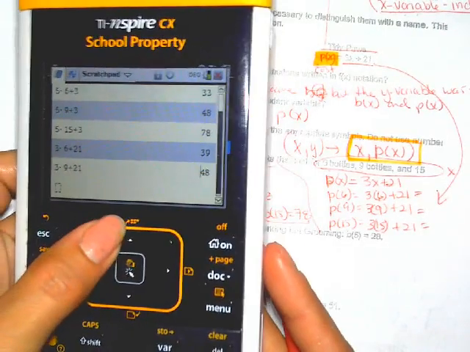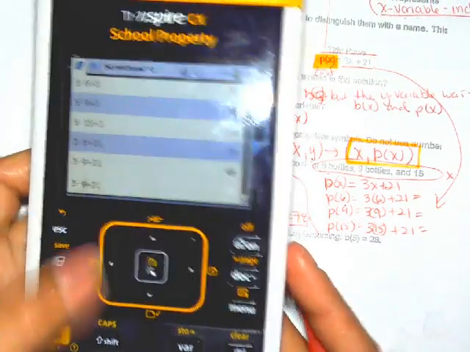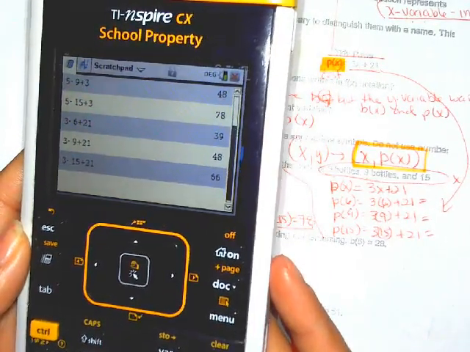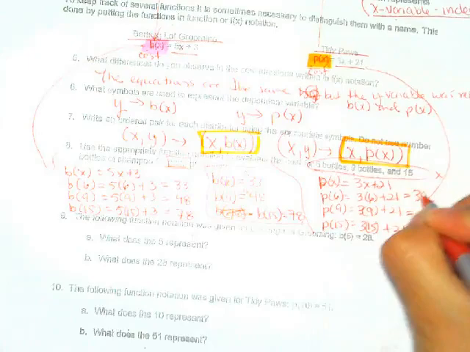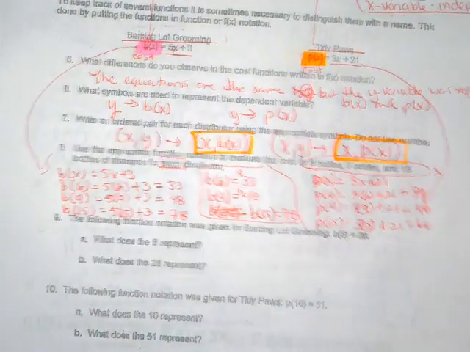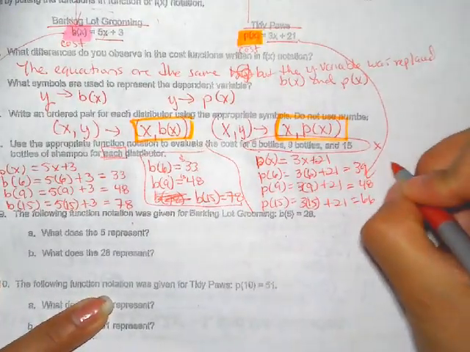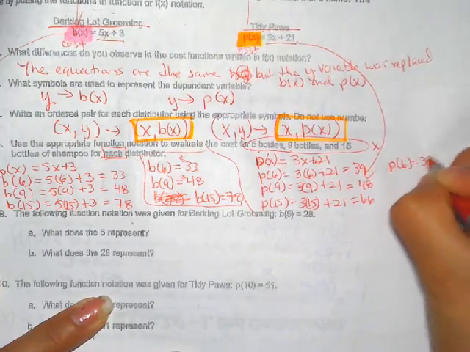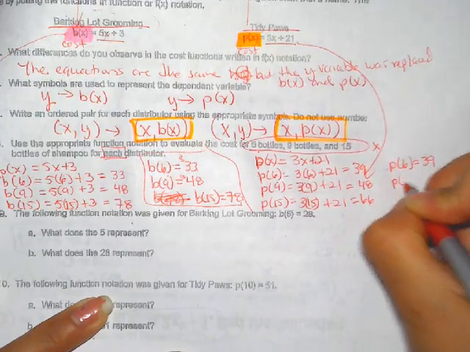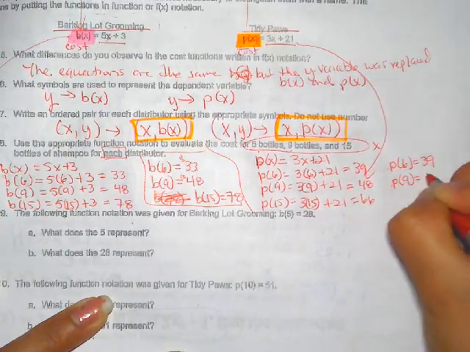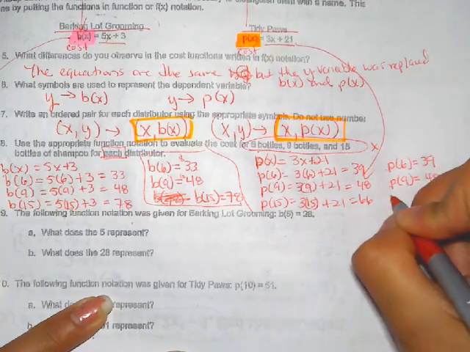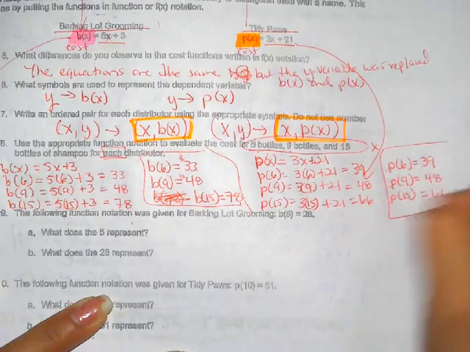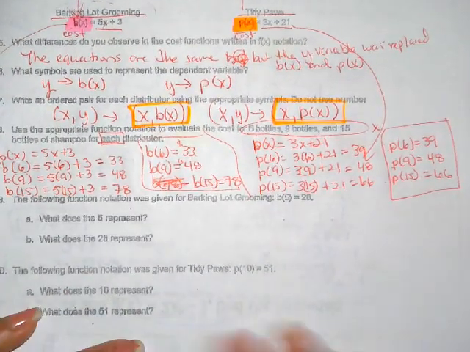Then we do it again with a 15. Okay. So that's 39, 48, and 66. But please write it in function notation. So p of 6, meaning 6 bottles with Tidy Paws, cost $39. p of 9, 9 bottles with Tidy Paws, cost 48. p of 15, 15 bottles with Tidy Paws, cost $66. That's my function notation.